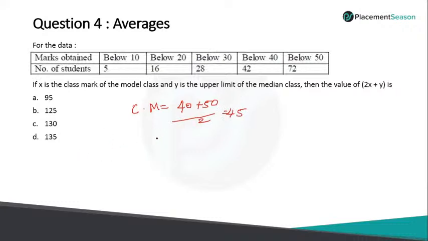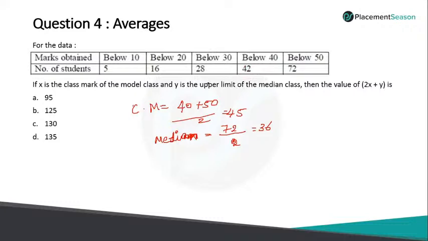And the median we need to find. Median is based on the maximum number of students, which is 72 by 2. This is nothing but 36. Now I need to find the upper limit of the median class. So 36 lies between this range.